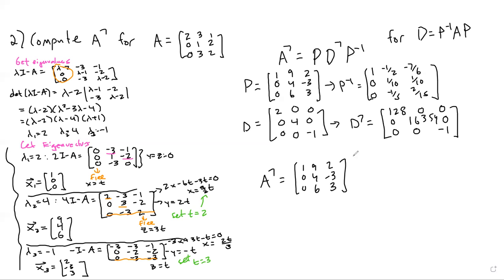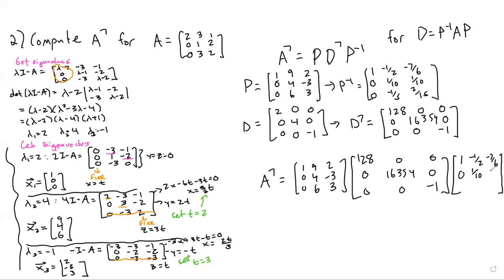And so A to the 7 is going to be P times D to the 7. So this matrix here. And then P to the -1, so that's that ugly inverse. And it's just going to be matrix multiplication from now, so we do have to put the three together, but it's not so messy, and we reduce the whole thing.